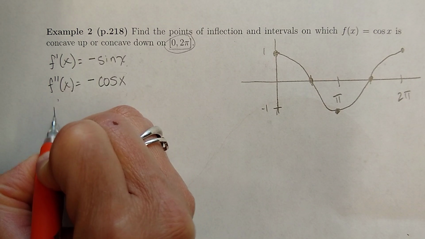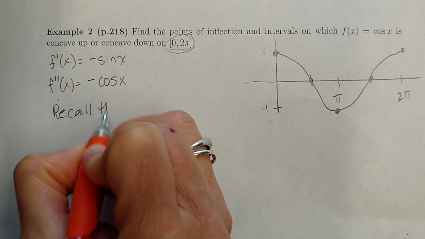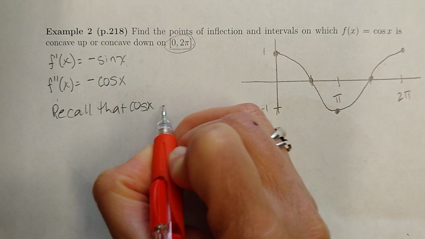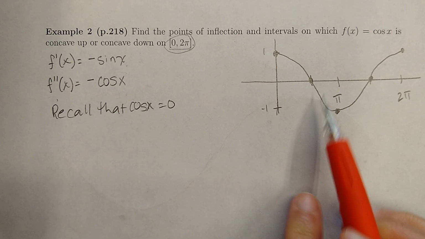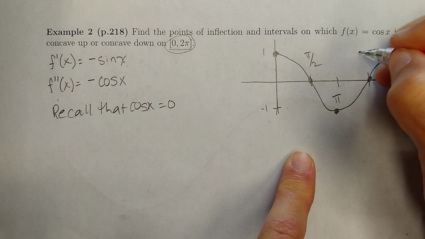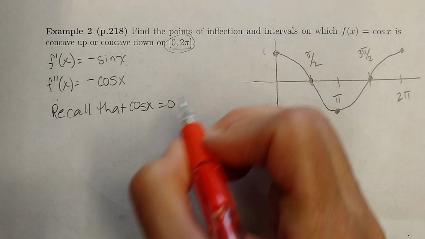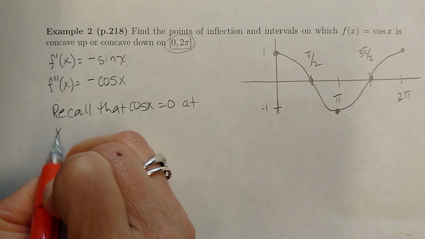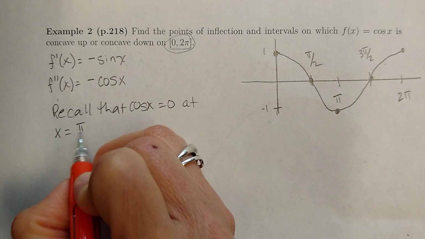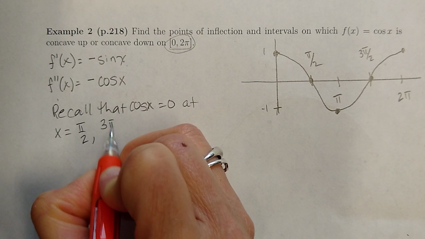So remember that cosine of x is equal to 0, and you can kind of look at your graph for reference, at odd multiples of pi over 2. So it's at x equals pi over 2 and 3 pi over 2.